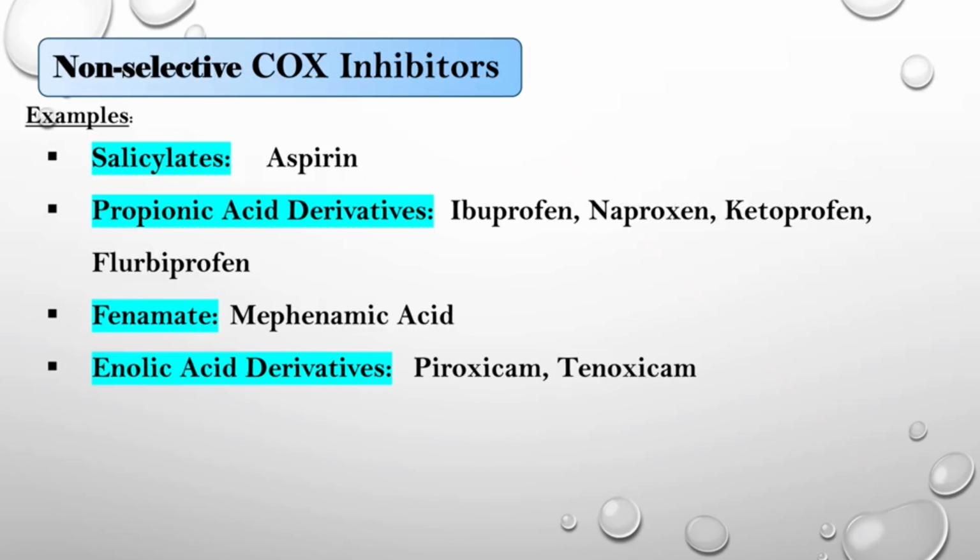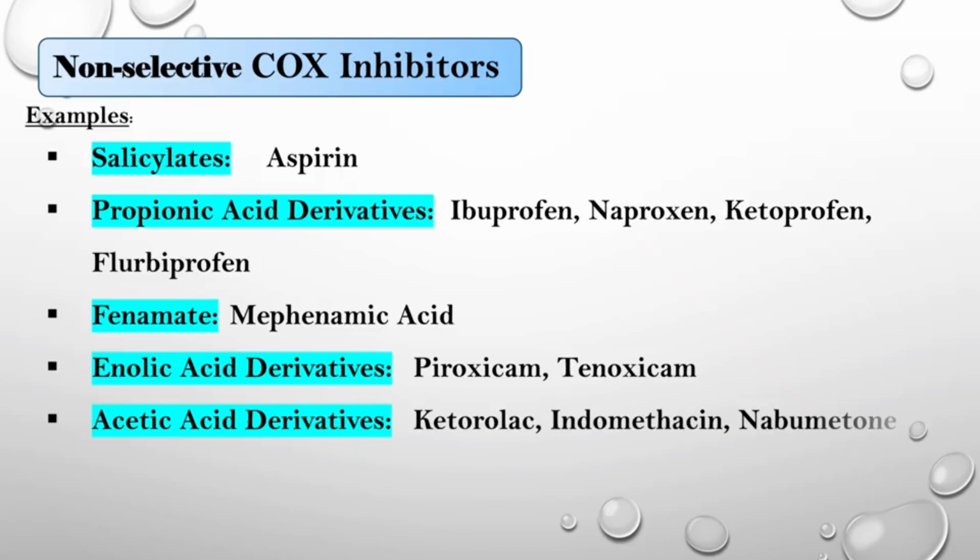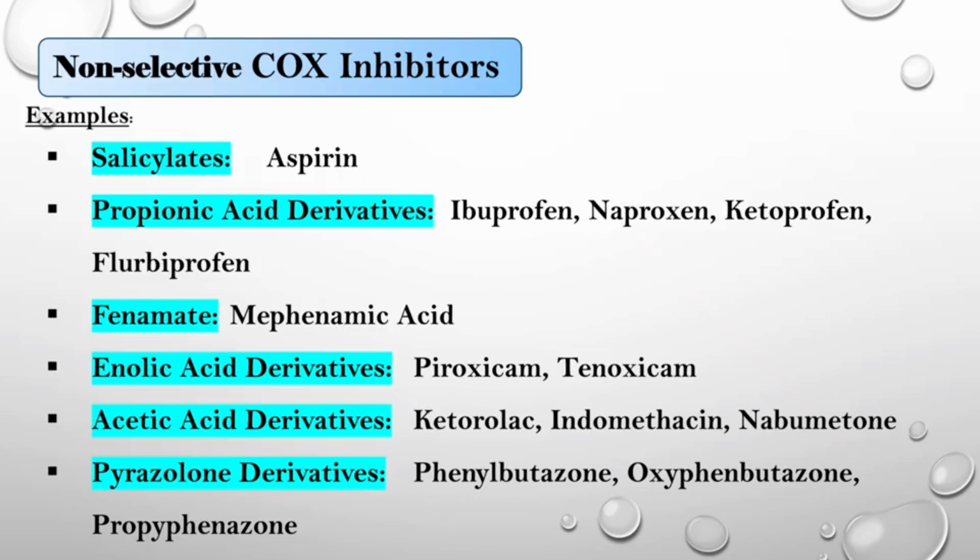Next, enolic acid derivatives, piroxicam, tenoxicam. Next, acetic acid derivatives, ketorolac, indomethacin, nabumetone. Next, pyrazolone derivatives, phenylbutazone, oxyphenbutazone, propyphenazone.